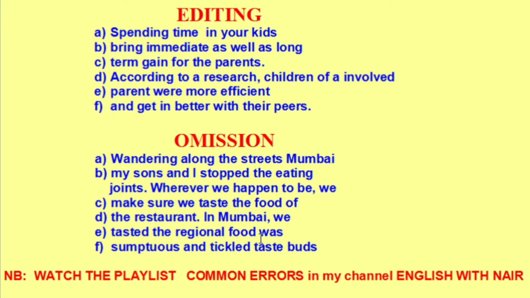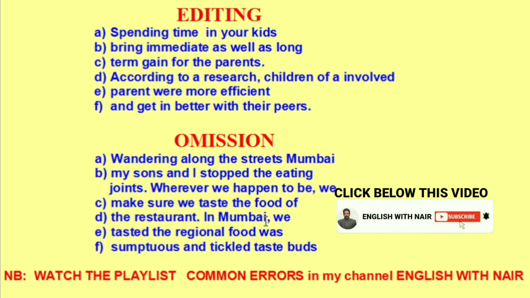Once again, this is an adjective clause, which regional food, which was sumptuous and tickled taste buds. In Mumbai, we tasted the regional food, which was sumptuous and tickled taste buds. So, of course, what is missing here? We found the error here. Whenever we happen to be, we make sure that we taste the food of the restaurant.